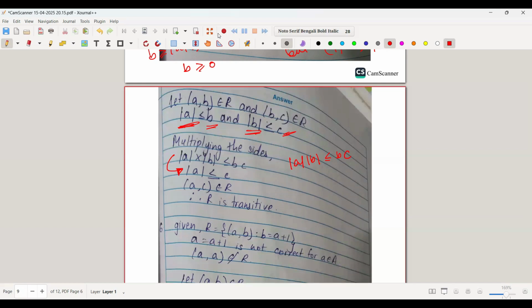So you are multiplying. Okay, let us take. You are cancelling this. In the reverse order, if we multiply mod A into mod B, and here only B, it may reverse the sign.